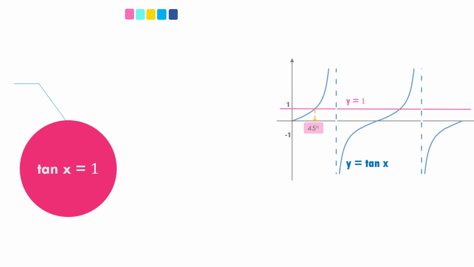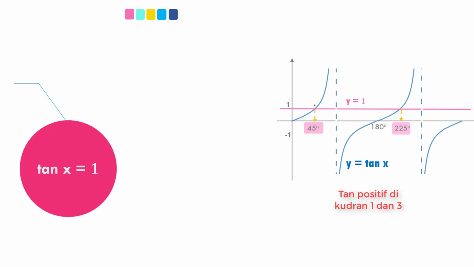What about the other point here? For this point, we can find the value from the half pattern of the tangent in 0 to 360, which is x equals 180 degrees. Since it is a repeating function, you can go 45 degrees beyond 180 and have 225.